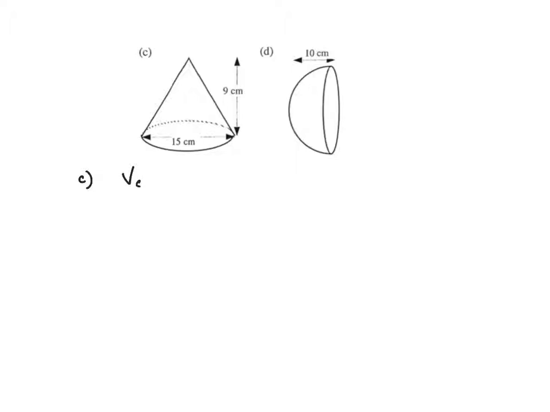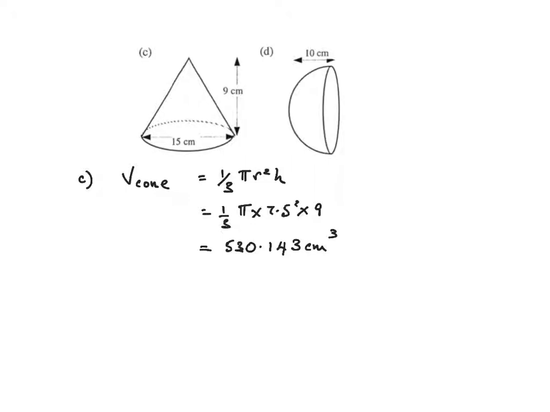The volume of a cone is 1/3 pi r squared h, so it's 1/3 pi. Now the radius of the base is half of 15, so it's 7.5 squared times 9. 530.143 cm cubed.